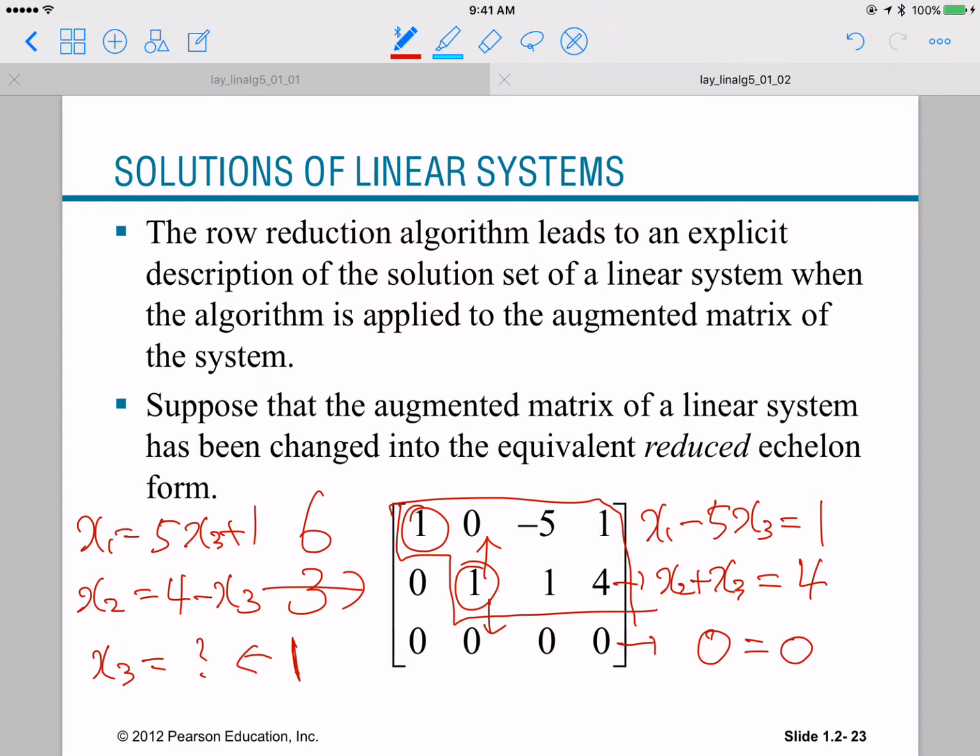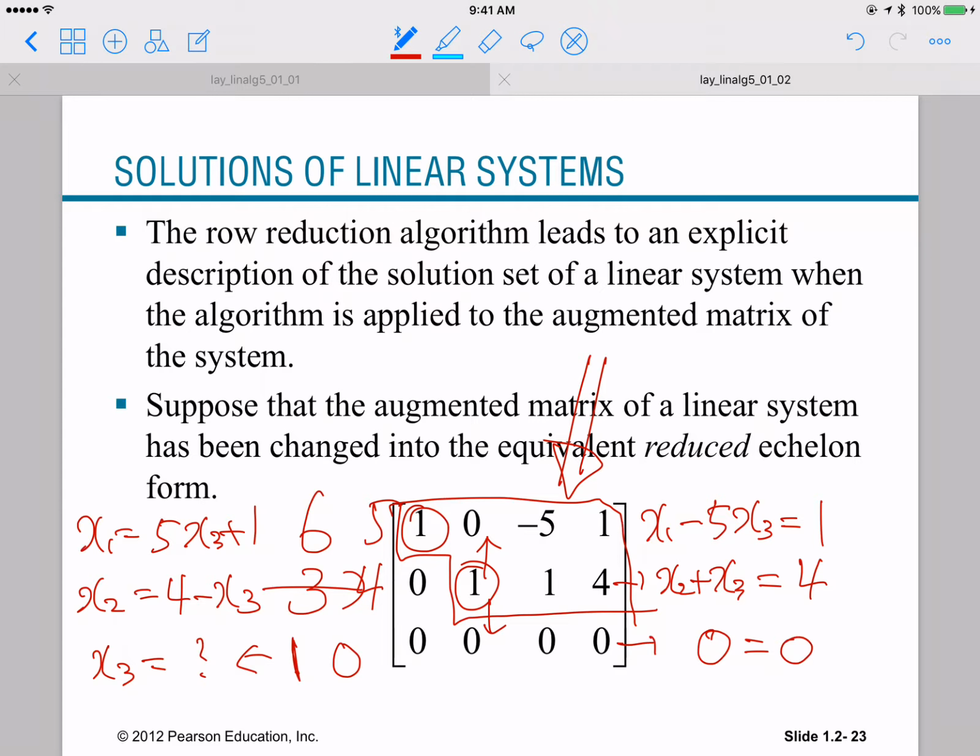And if x3 was 0, then it's simply 5 and 4. You just plug the x3 value into the previous equations. So this is another solution. In this form, the number of solutions will be infinitely many.